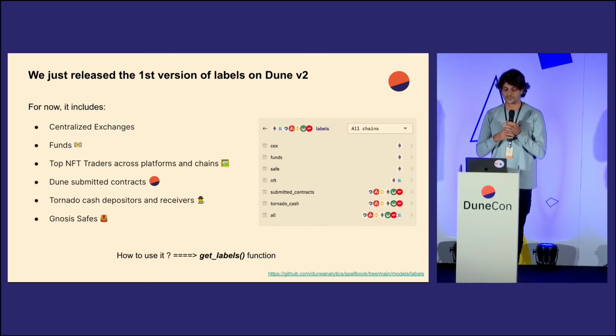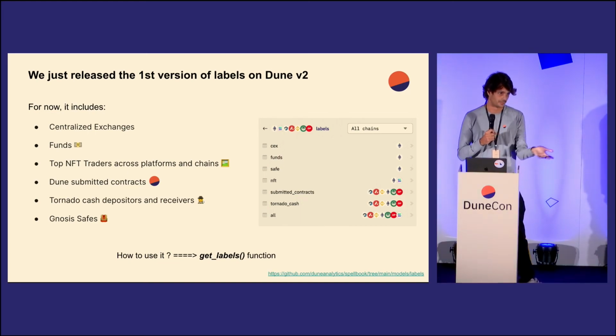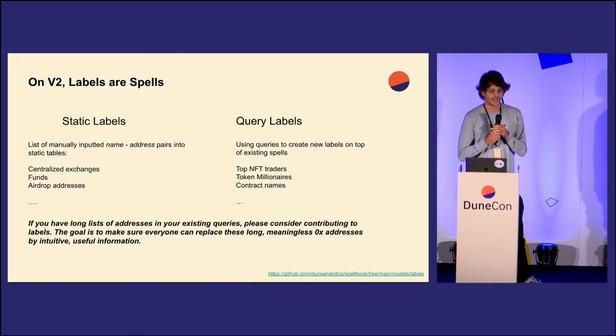So how to use it? You just basically use the get labels function in any of your queries, and instead of the address, you'll get the labels associated with that address. And what's cool is on v2, labels are actually spells. So since you all know how to build spells, you can also build labels.